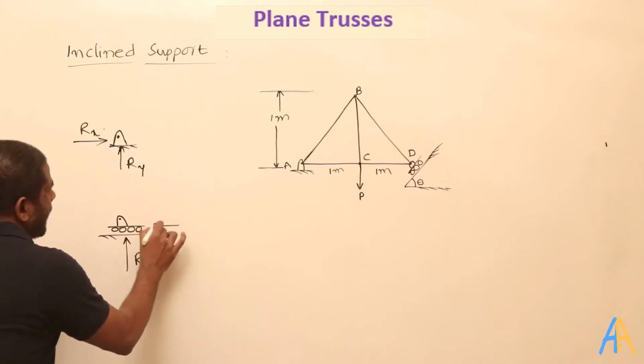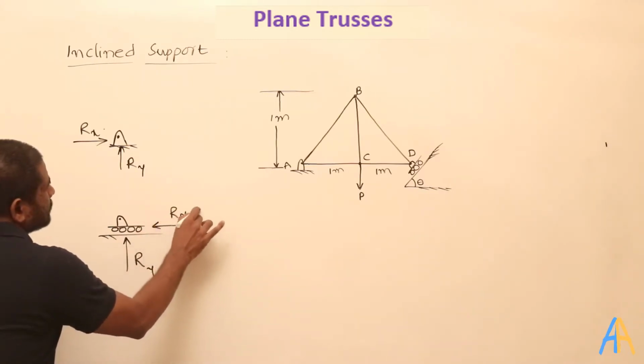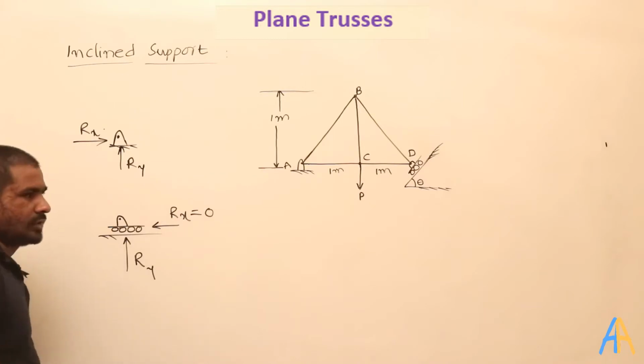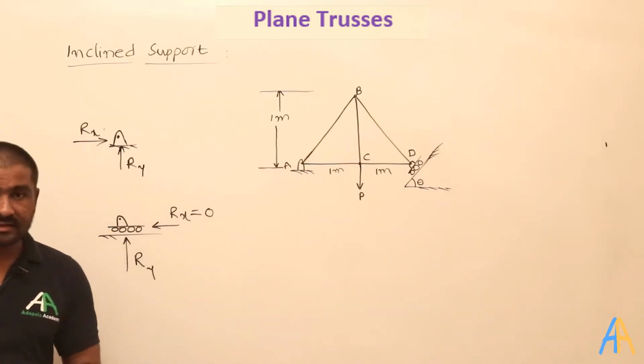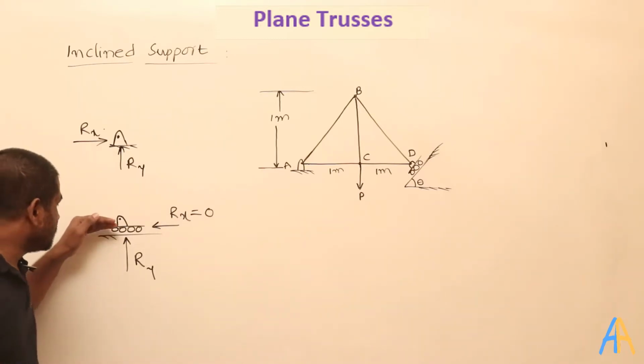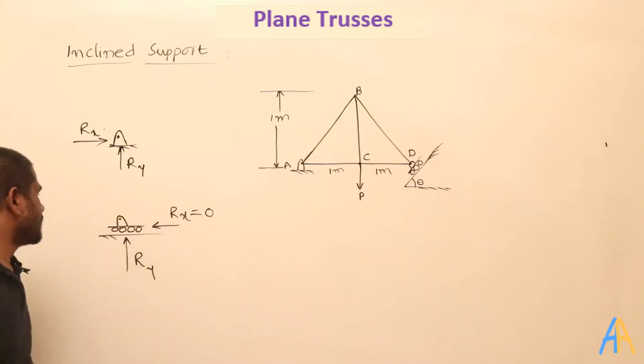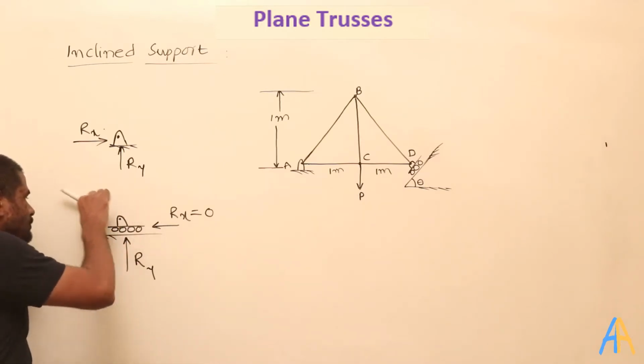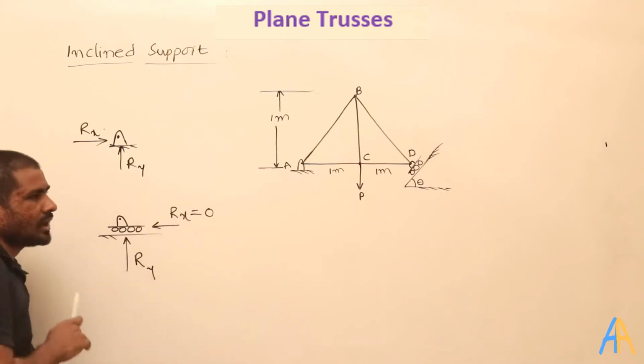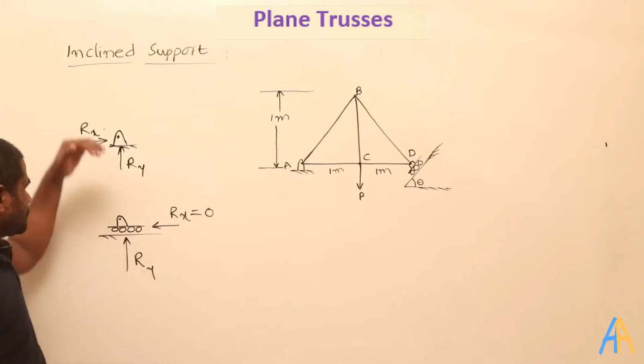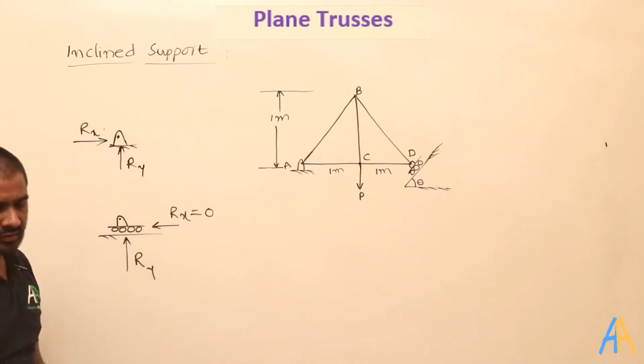And what about the Rx here? Rx will become 0. Why? Because there is no constraint in the horizontal direction. Whenever you apply some force, it is free to move in the horizontal direction, but it cannot go in the vertical direction.